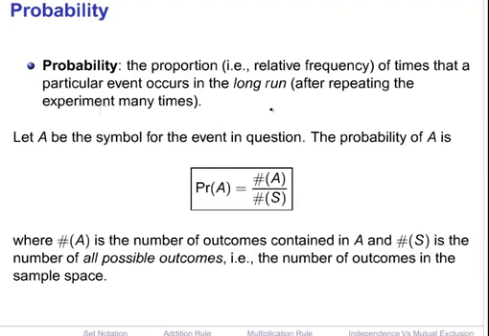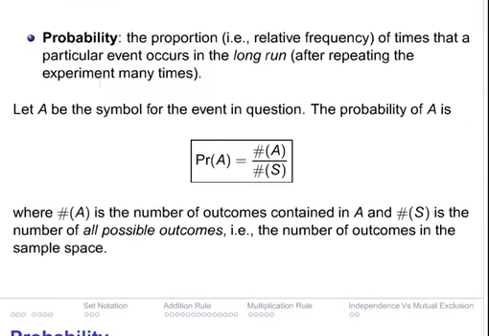So it's a very straightforward idea. Let A be the symbol for the event in question. The probability of A is the number of times A occurs, or the number of outcomes contained in A, over the number of all possible outcomes in the sample space. It's a very simple idea, like how many ways do we get a success out of how many attempts.